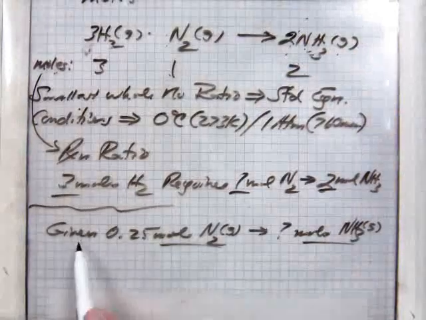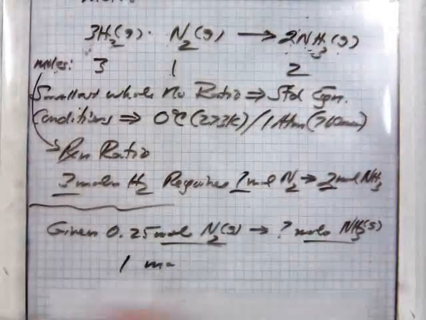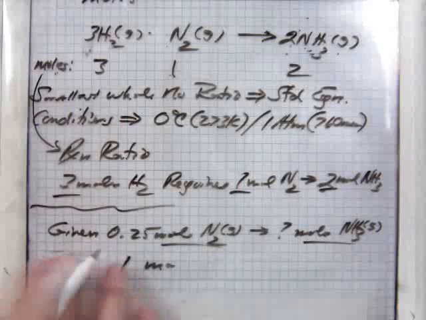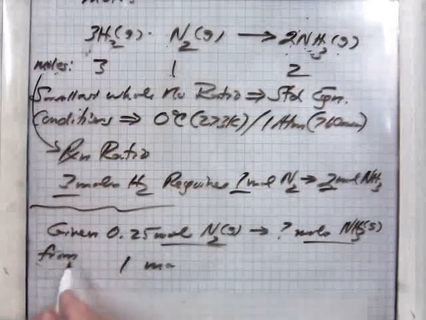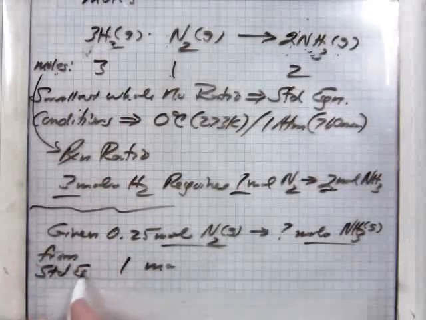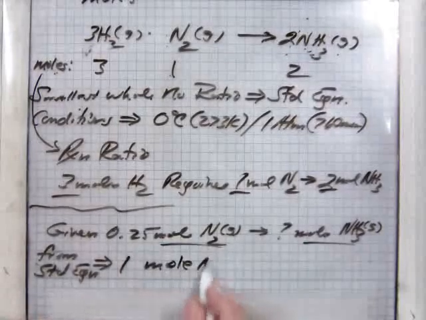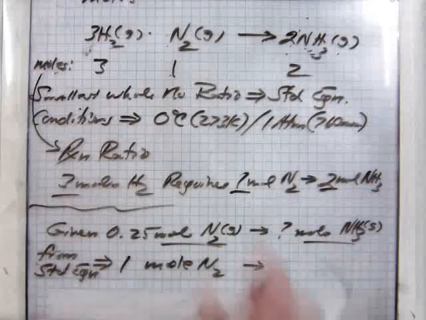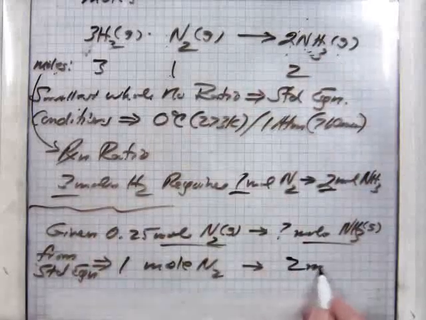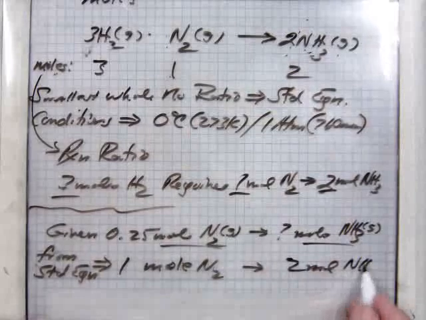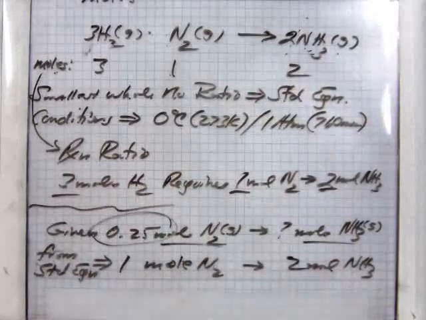So from the standard equation, 1 mole of N2 will always give us 2 moles of NH3. So what will 0.25 do?